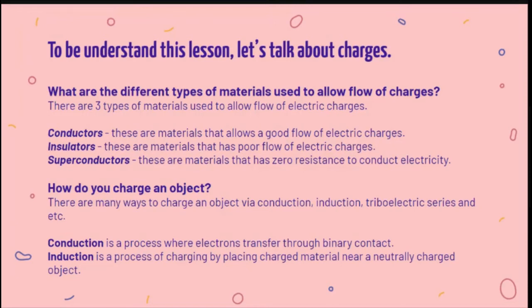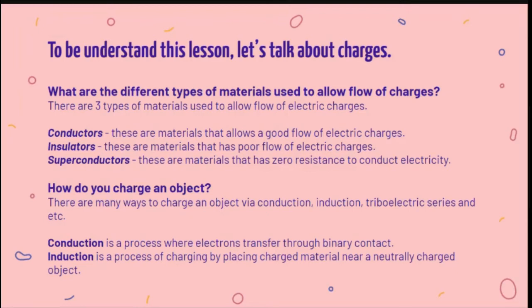Because without conductors, we cannot allow our appliances to run. Without conductors, our light bulbs will not emit light. Without conductors, our phone cannot charge. And without insulators, we would suffer from electric shock.